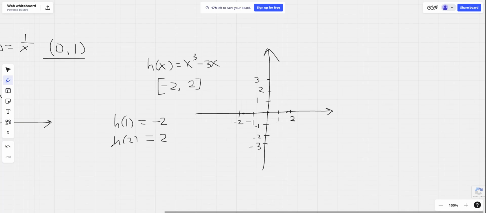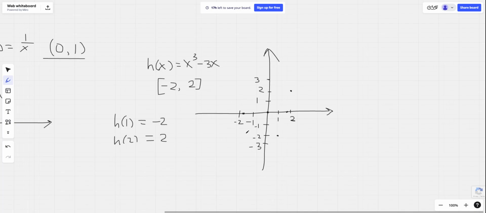So now, since this function is continuous on the closed interval between 1 and 2, then we can apply the intermediate value theorem. So this h of 1 is negative 2, h of 2 is positive 2. That means between the interval 1 and 2, the function h must take every single possible value between negative 2 and positive 2.